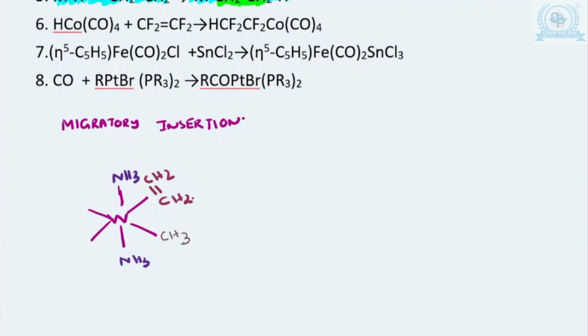Okay, and let me take some more examples of some more different groups, and let it be C2H5. So mainly this is one alkene. In this case this is going to get inserted.